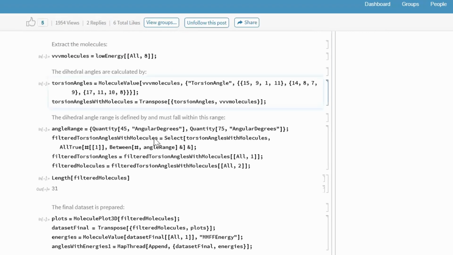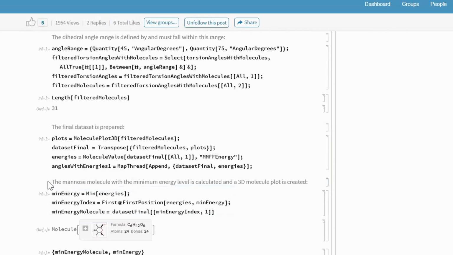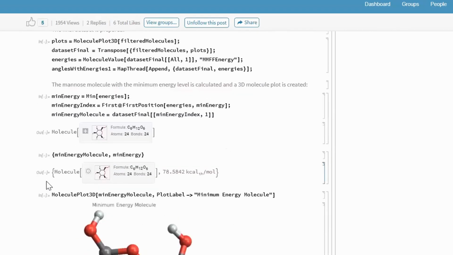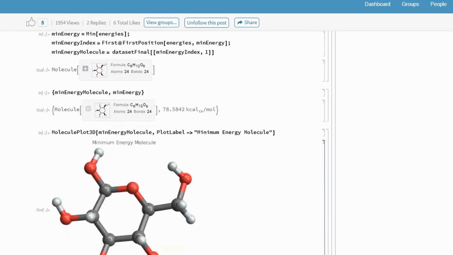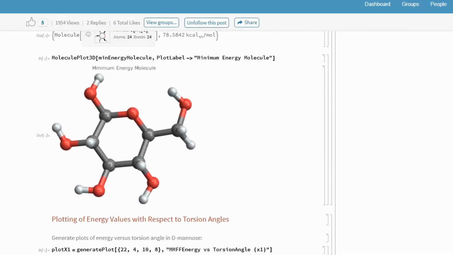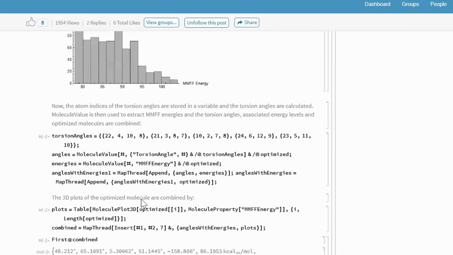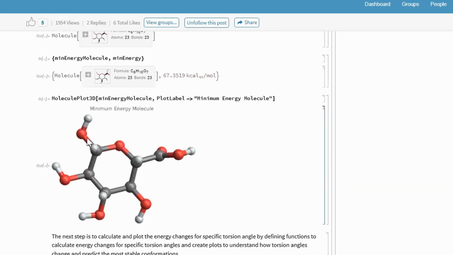We filter it and then determine the lowest energy minima for these filtered molecules, and this is the minimum energy molecule for mannose. What's interesting is that for mannose as well as glucuronic acid over here, it has these tails that are kind of leading to each other.